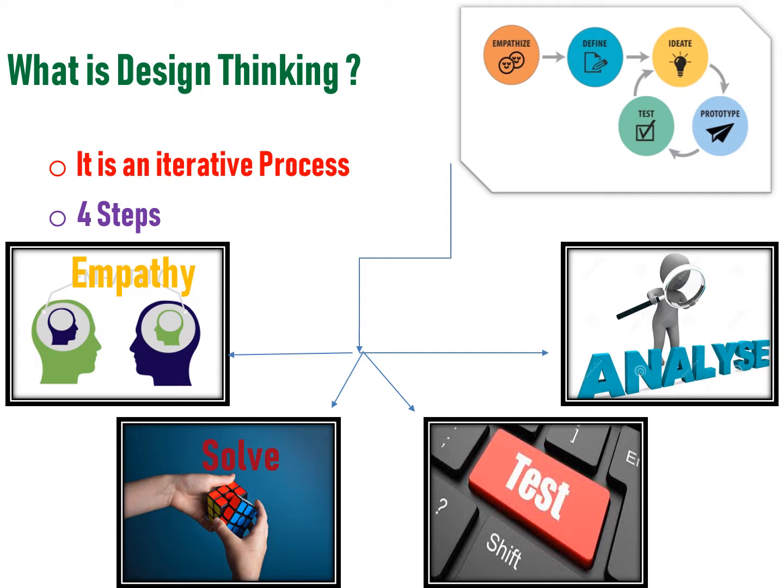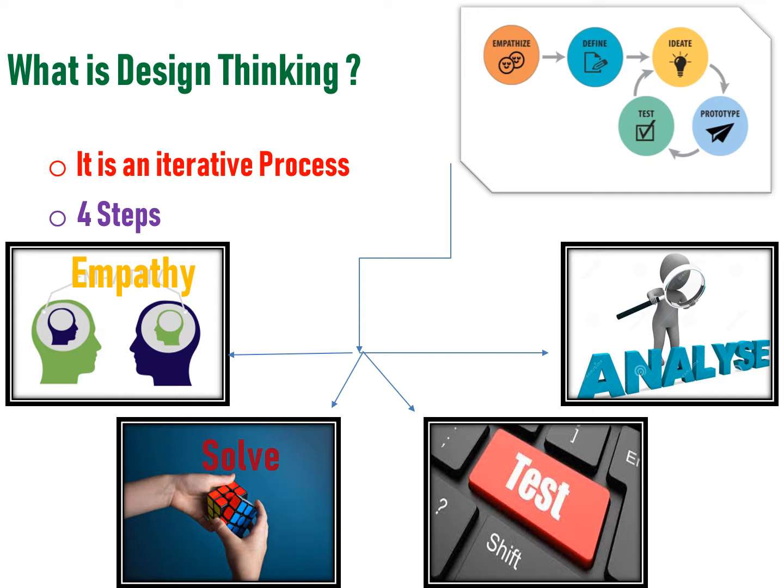Here, based on the knowledge we gain from the first two stages, empathy and analyze, we generate ideas and try to think out of the box. We consolidate with all necessary brainstorming with our teammates and other necessary persons to provide an innovative solution and try to develop a prototype.